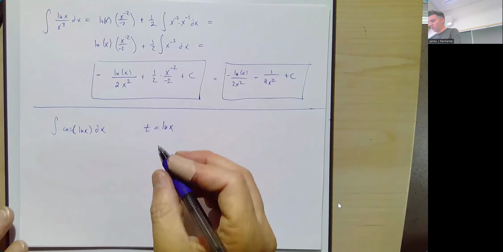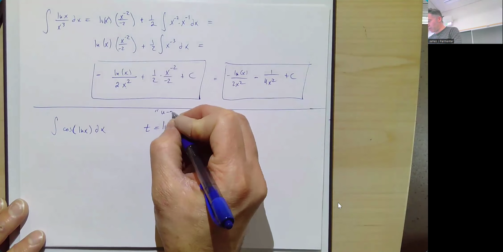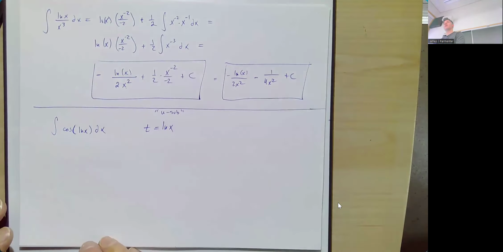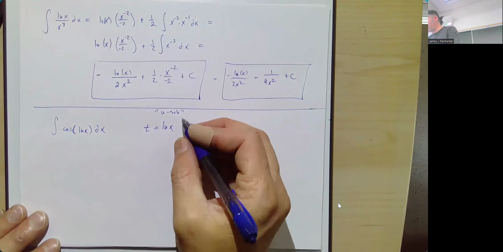It's a quote unquote u sub, but we're using the letter t, because we have the foresight of knowing we might end up doing integration by parts next. For whatever reason, we find it impossible to use letters other than u and v when doing integration by parts. Some people use w, but it feels weird using u and w. So I would just do it this way.